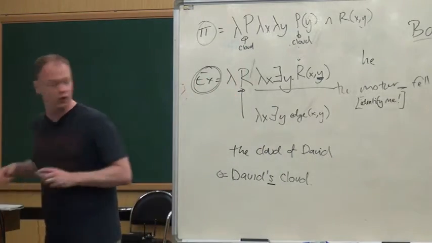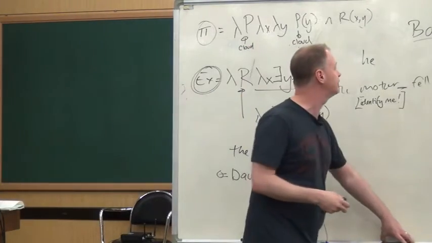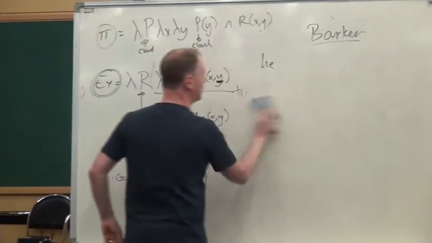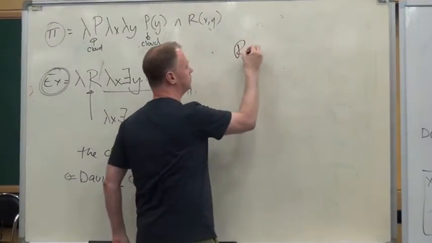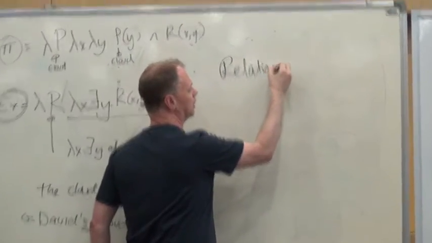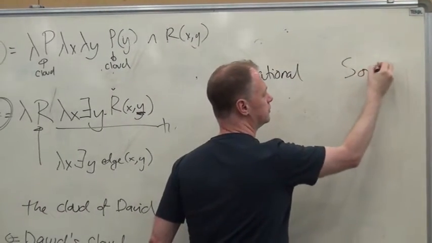So the standard view is that basically we have 2 classes of nouns, right? We have relational nouns and non-relational nouns, or sortal ones.